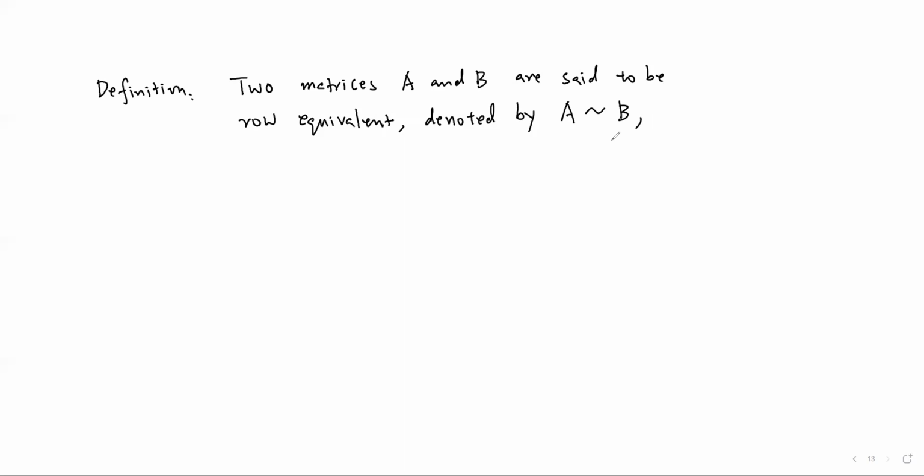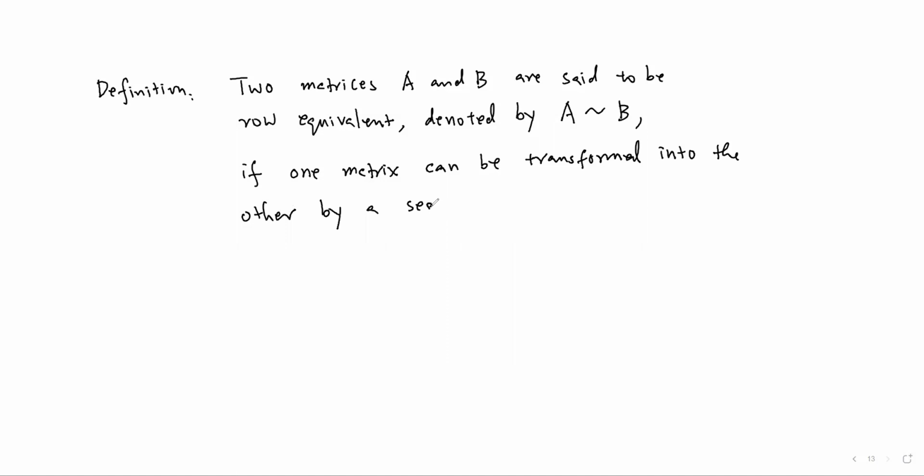What does it mean, row equivalent? If one matrix can be transformed into the other matrix by a sequence of elementary row operations.